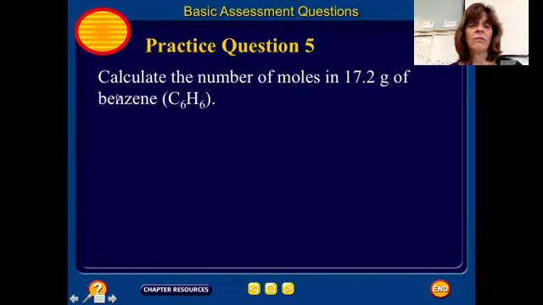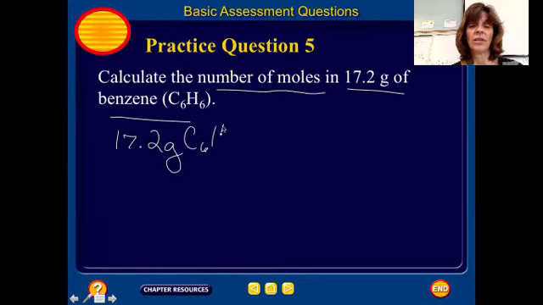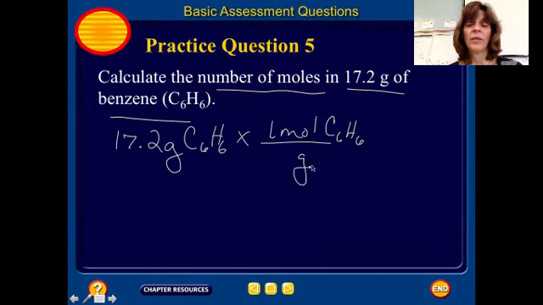All right, practice question 5. Calculate the number of moles in this many grams of benzene, C6H6. So 17.2 grams of C6H6 times 1 mole of benzene over so many grams of benzene.